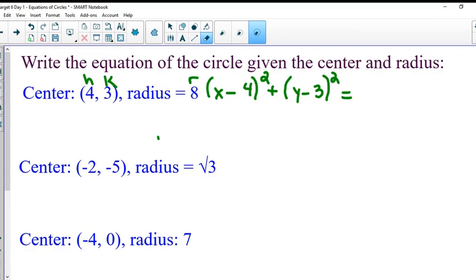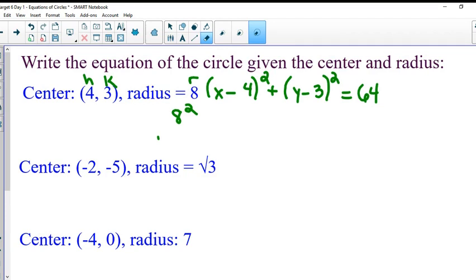We just have the radius. The radius is 8. So we need to actually do 8 squared, or 8 times 8, to get 64, which is how our equation is going to finish. There is your general form of the equation given a center of 4, 3 and a radius of 8.